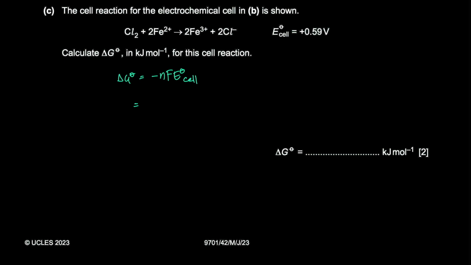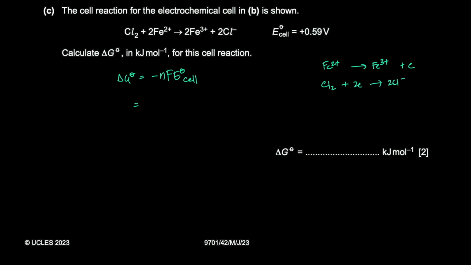So in this particular case, we have Cl2 reacting with 2 moles of Fe2 plus to give us 2 moles of Fe3 plus and 2 Cl minus. So we need to figure out N, which is the number of moles of electrons. So we have Fe2 plus undergoing oxidation to form Fe3 plus and electrons, and Cl2 is the oxidizing agent and undergoes reduction to form 2Cl minus.